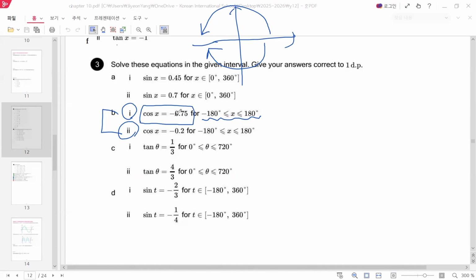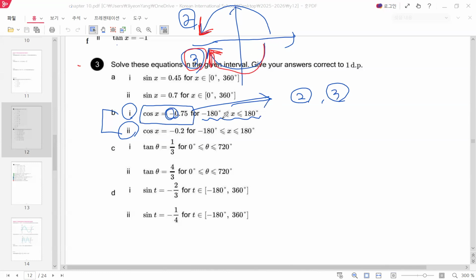And since the cosine value is negative, this angle should be located in quadrants 2 and 3. You can see the angle in the second quadrant should be in the positive direction, and the angle in the third quadrant should be in the negative direction.